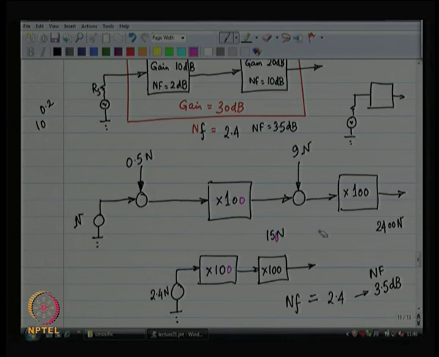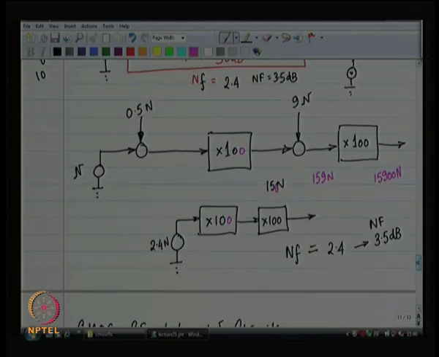So, as a result I would get 159 n over here, and I would get 15900 n over there, and that would be equivalent to 1.59 times n into 100 into 100.